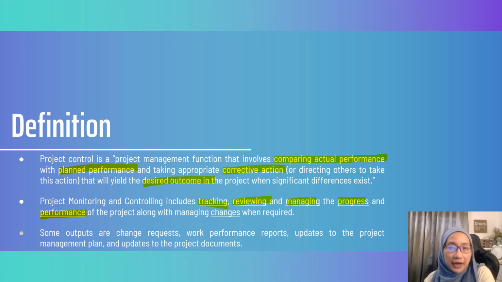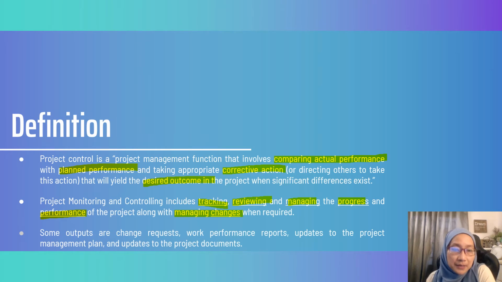The aim is to keep track of the progress and performance of the project along with managing changes. Whatever activities you have done may not exactly follow your project plan, but if there are any changes, you have to keep track of them and report to your project team or stakeholders.